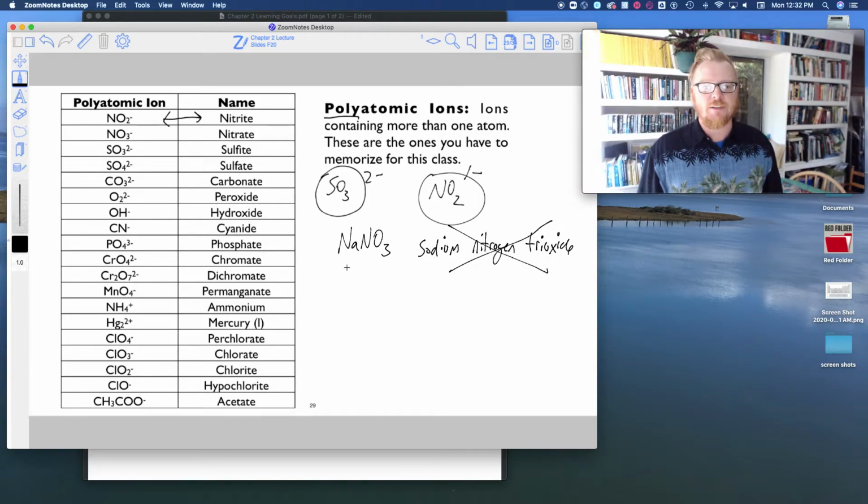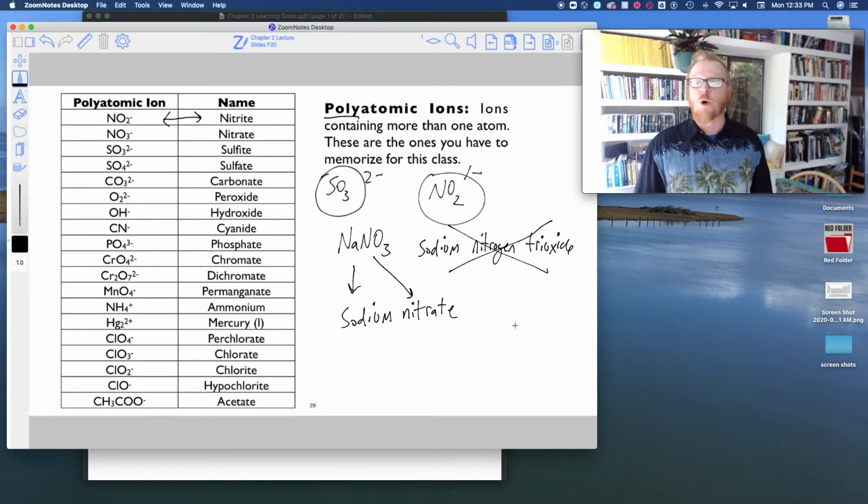Well, it's definitely sodium. But now look, we've memorized our list and we recognize, oh, look, nitrate is NO3 minus. So that means this compound is just called sodium nitrate.